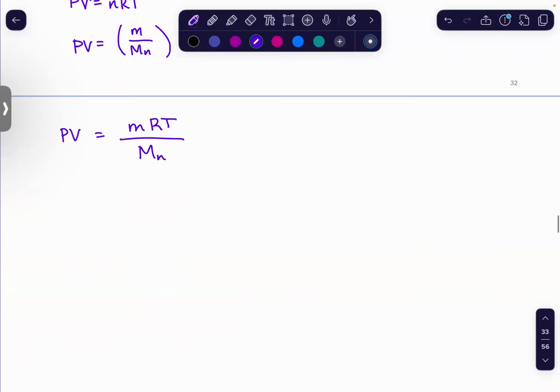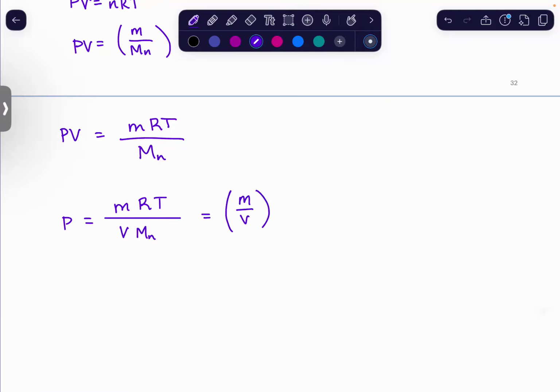Pressure, divided through by volume, is going to be mRT over volume times molar mass, which we can separate out: mass over volume times RT over molar mass.